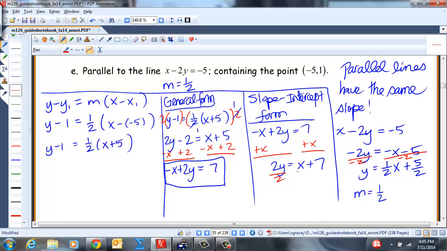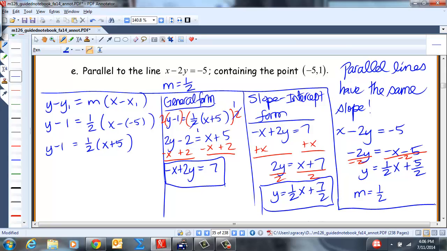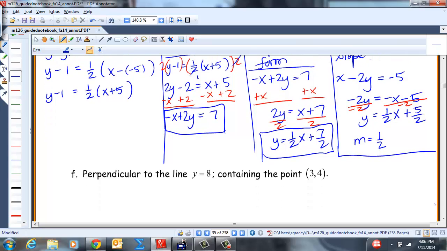Dividing both sides by 2, we will get y equals 1/2 times x plus 7/2, and we're done. So again, that one was a little bit crazy, but you got it, okay?